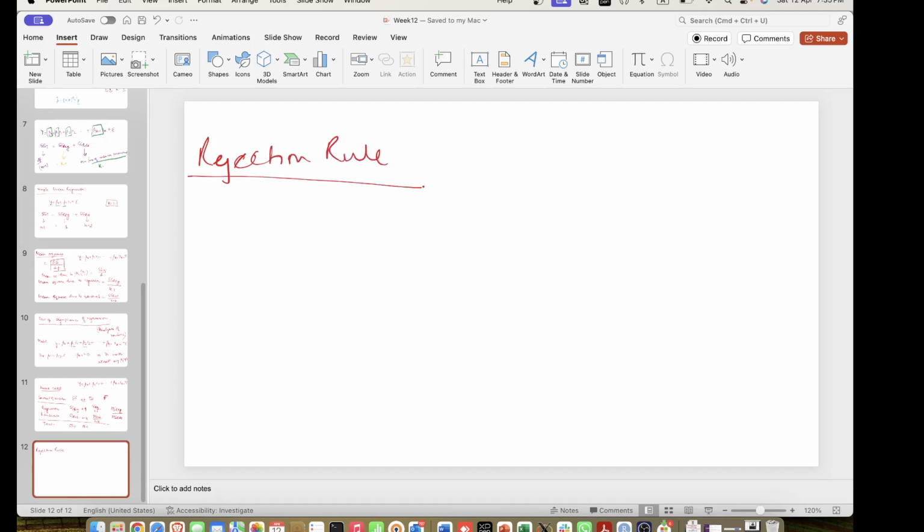So the rejection rule here is that we reject H0 if and only if F is greater than or equal to F alpha, k minus 1, n minus k. So what is this F alpha, k minus 1, n minus k?